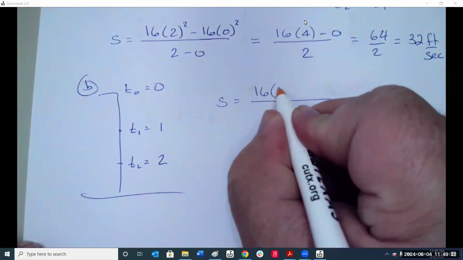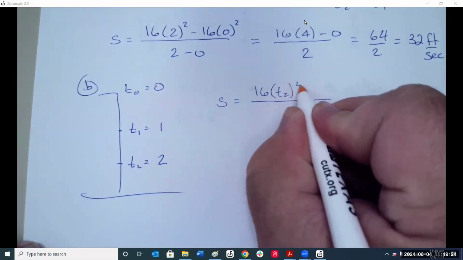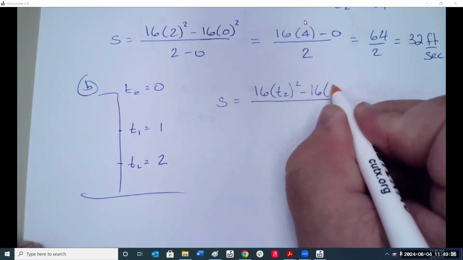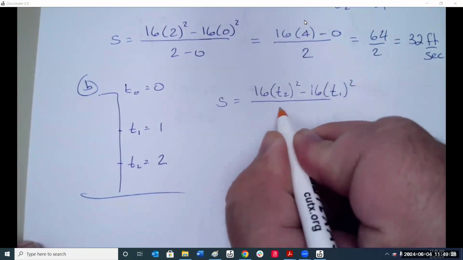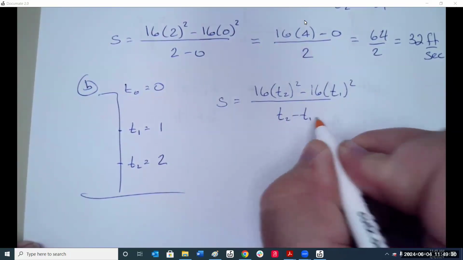16 T2 squared minus 16 T1 squared, over T2 minus T1.